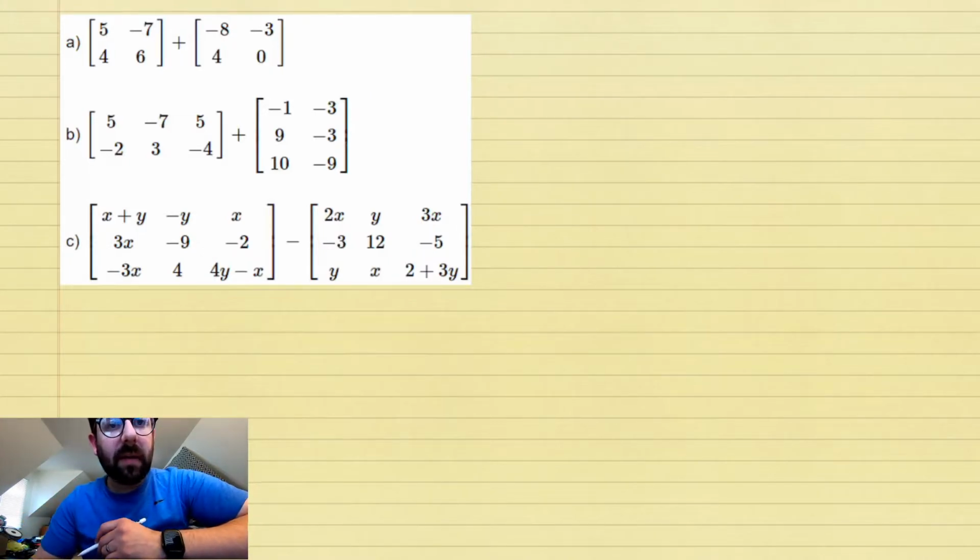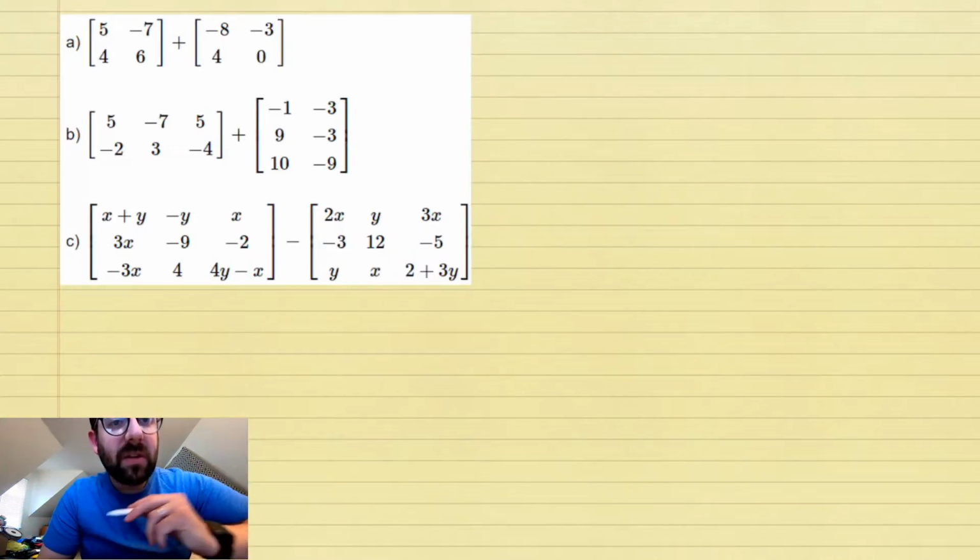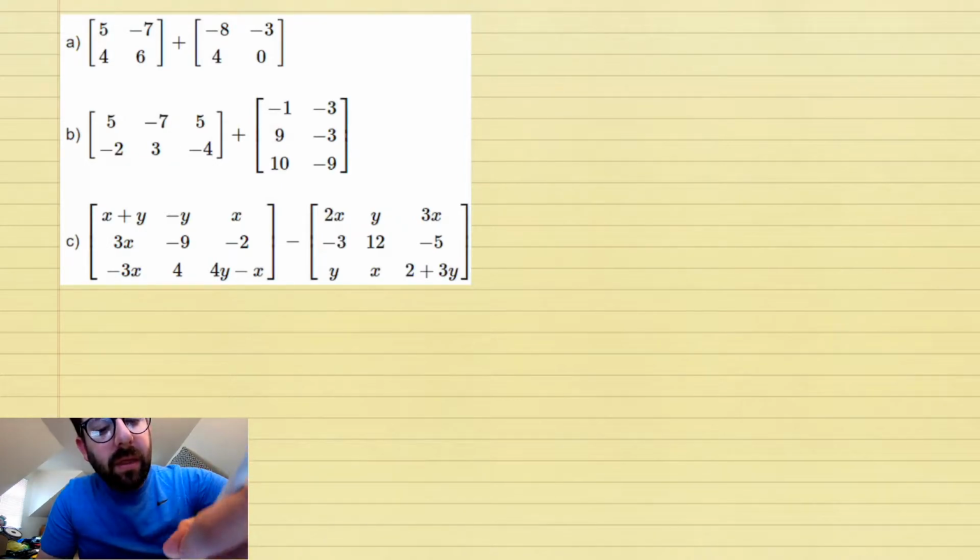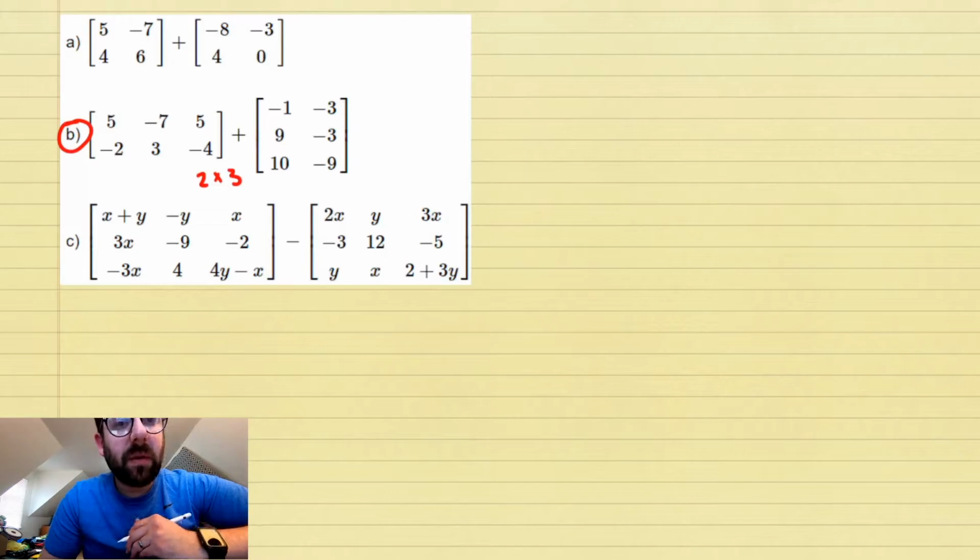But there's one problem out of these three, A, B, or C, that you can't actually add or subtract. It's because the matrices are different sizes. What I mean by that, it's not the variables or anything like that. It's the actual dimensions that give it away. This one is letter B, if you don't know. This is a 2 by 3 matrix, that first matrix that you're seeing there.